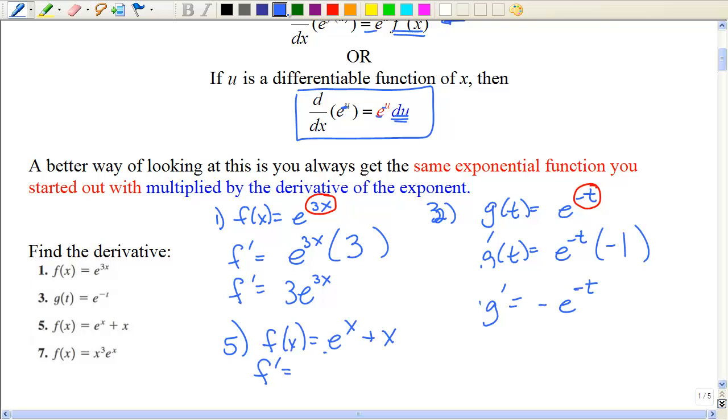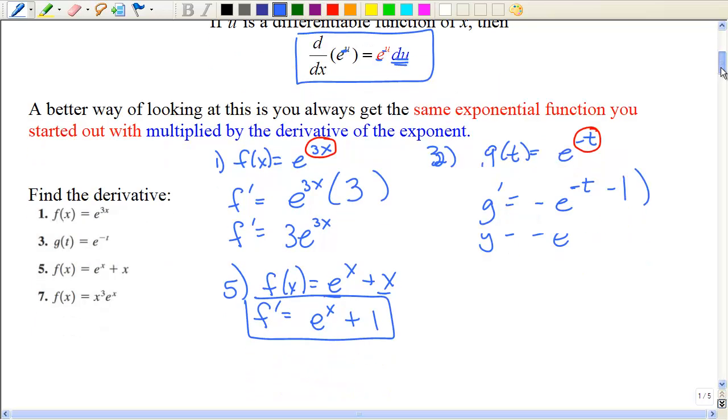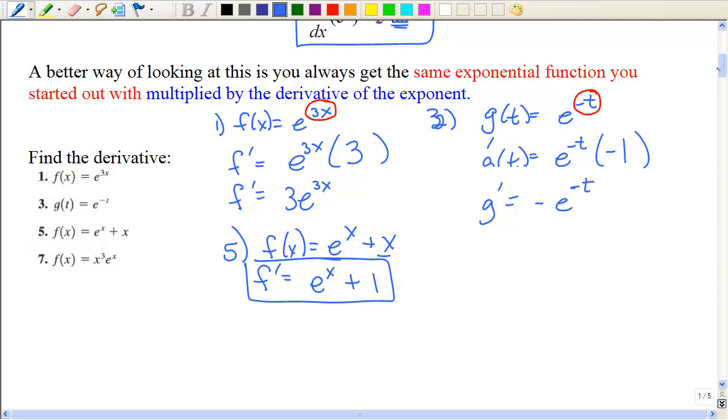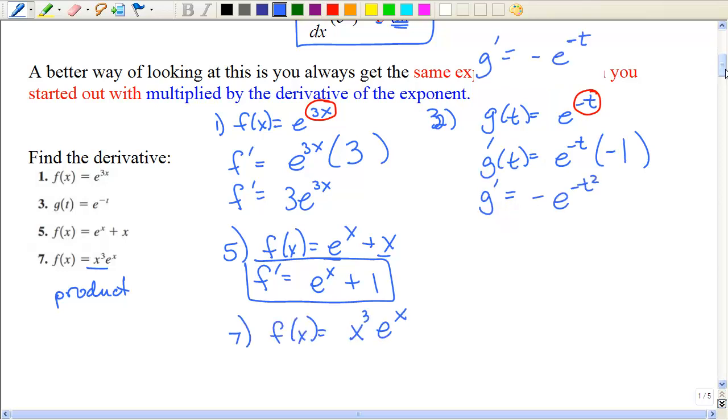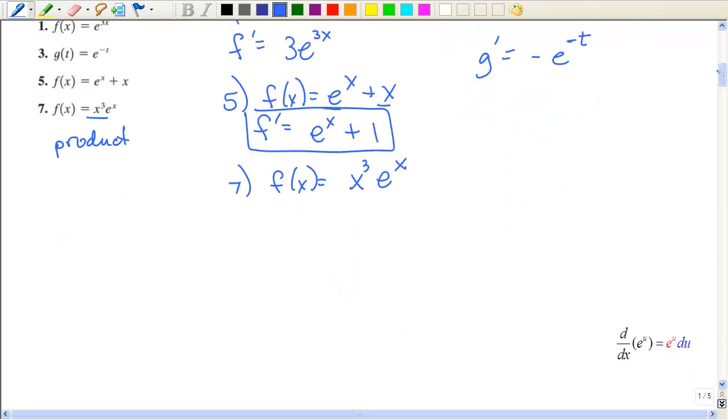The derivative of just e to the x is e to the x. The derivative of x is just 1. Now this last one, notice it's a product, so we're going to have to use the product rule. Do y'all remember the product rule?